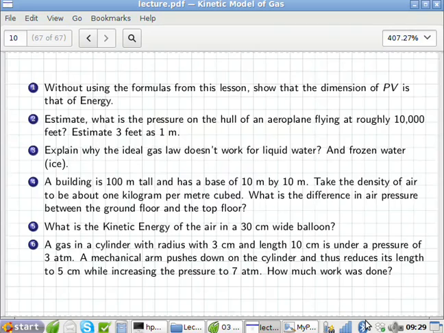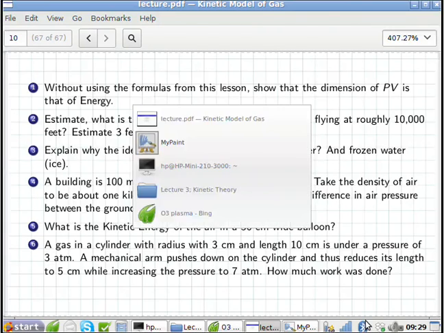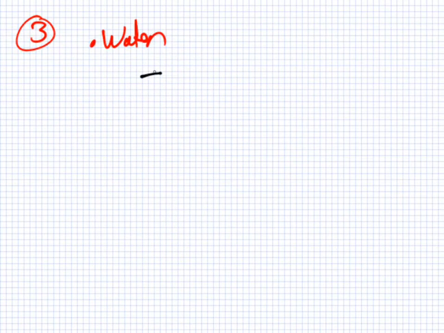So you get an answer of 72271 kilopascals. No, not kilopascals. Pascals.